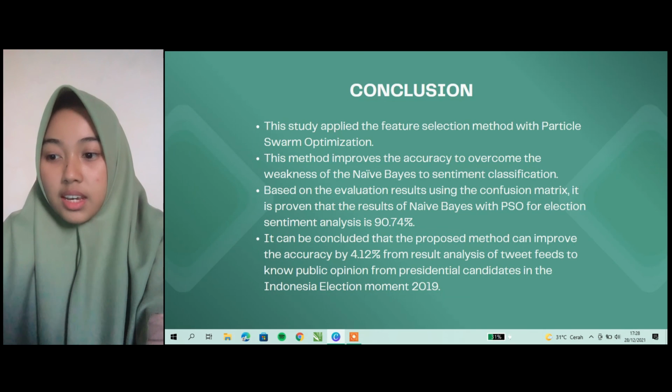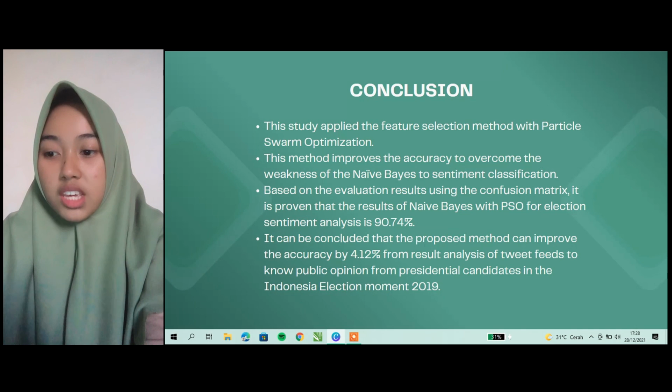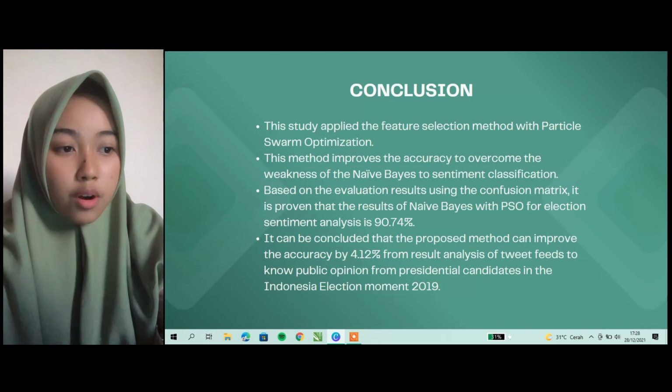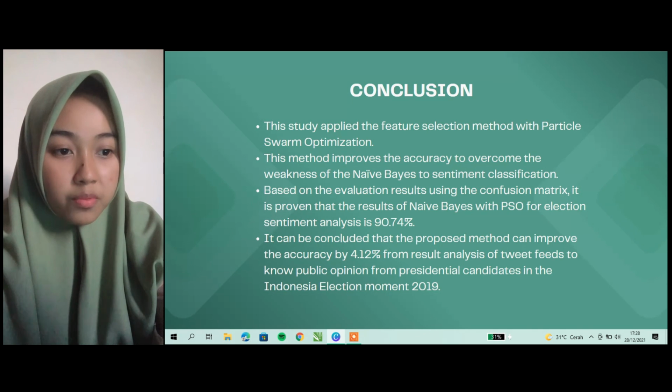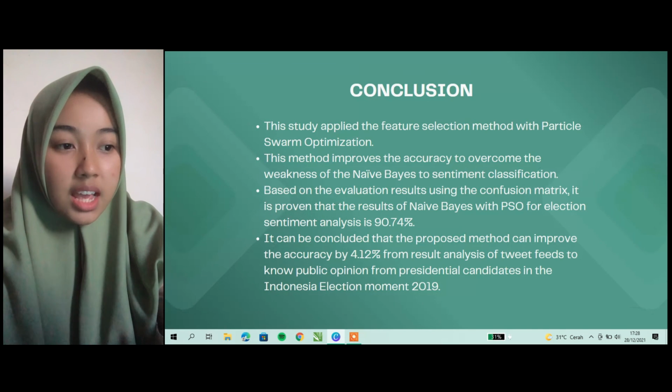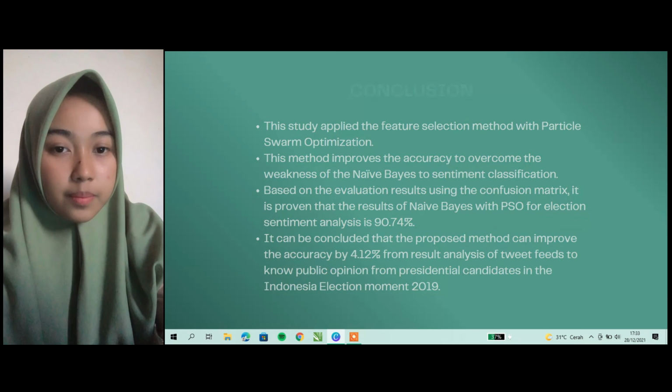And the last, it can be concluded that the proposed method can improve the accuracy by 4.12% from tweet feeds to know public opinion on presidential candidates in the Indonesia election moment 2019.